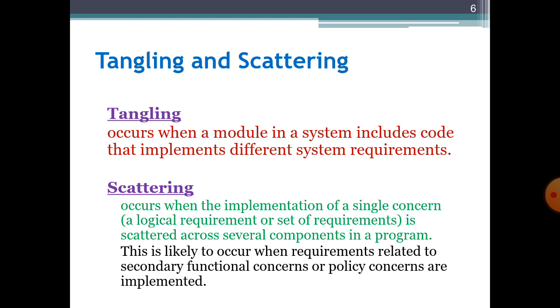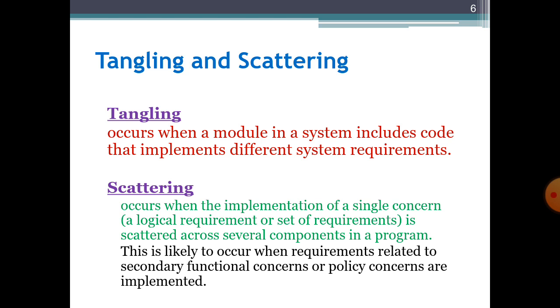But the implementation of core concerns in traditional programming languages usually includes additional code to implement different cross-cutting concerns, which can be functional, quality of service, secondary concerns, and policy concerns as well.